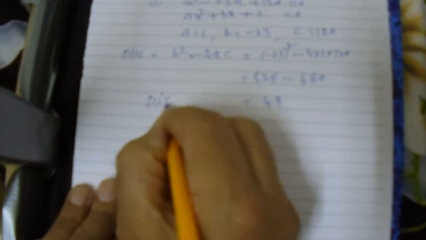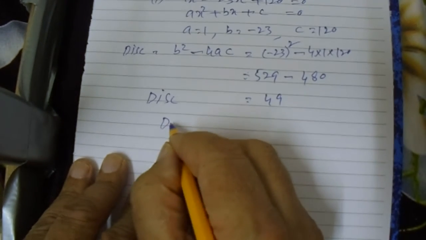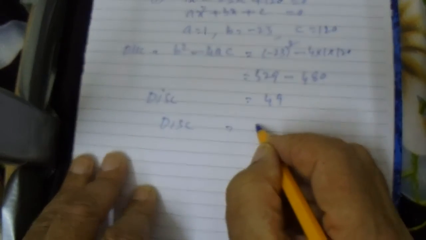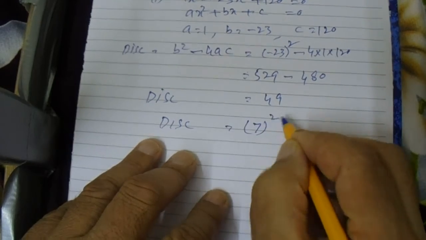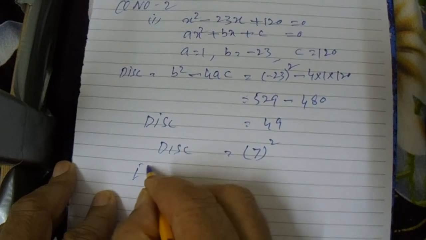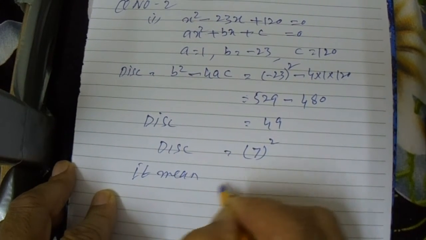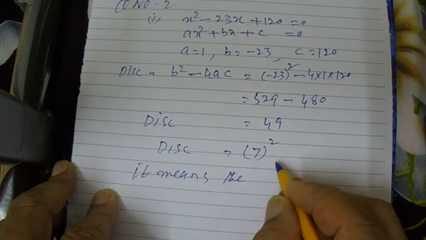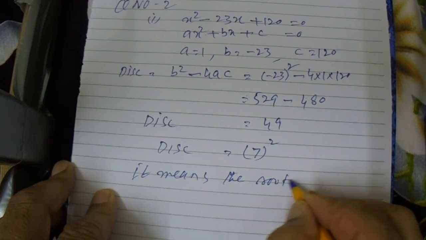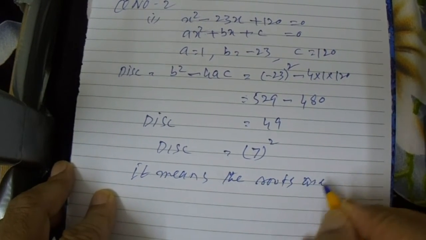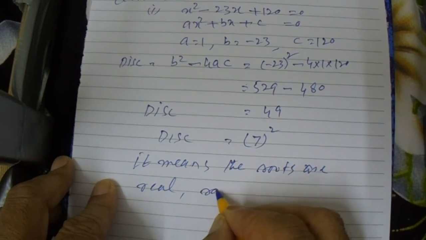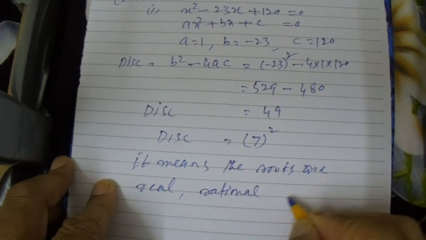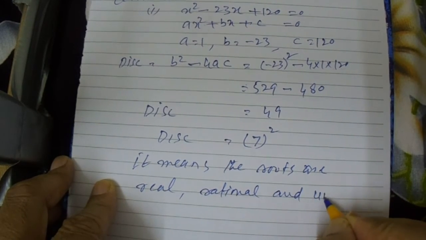Now we see that 49 is a perfect square. This is the perfect square of 7. Now it means the roots are real, rational and unequal.